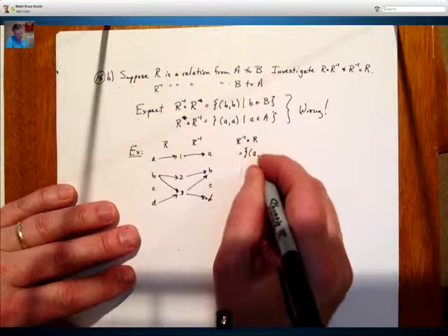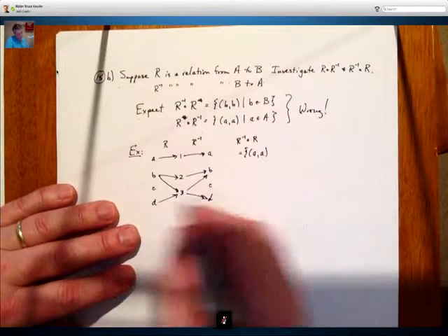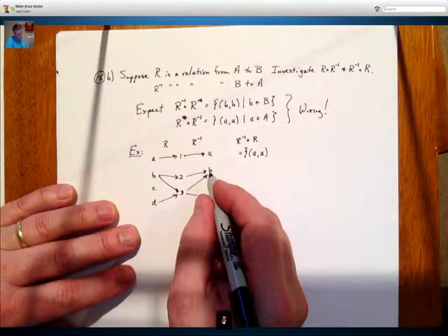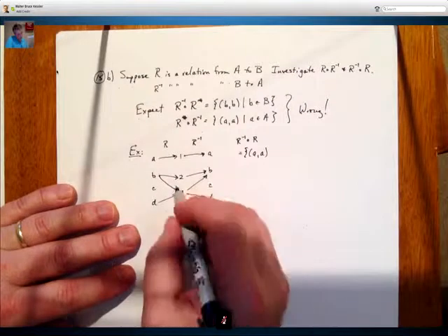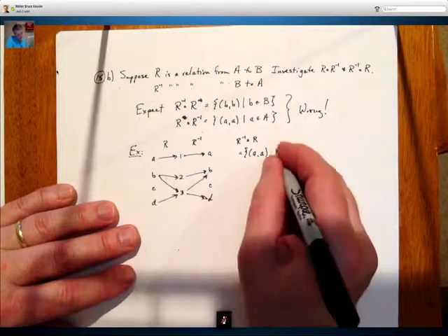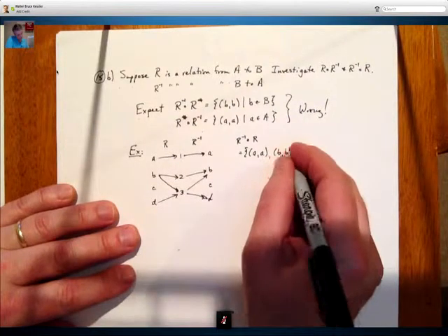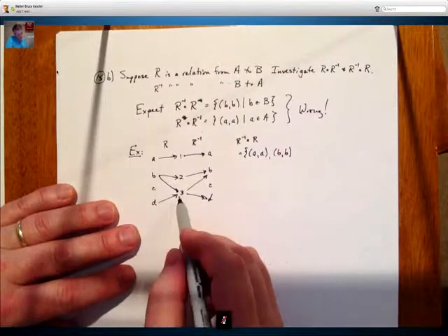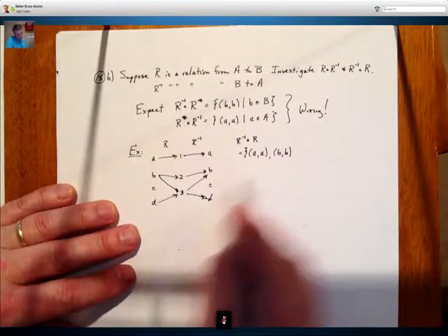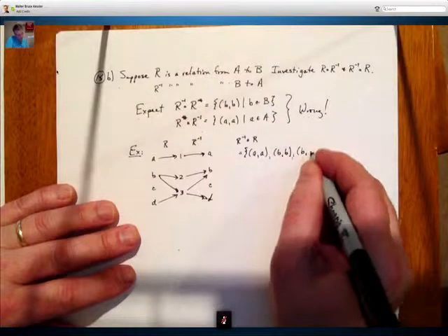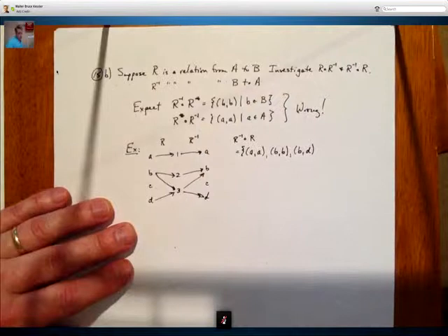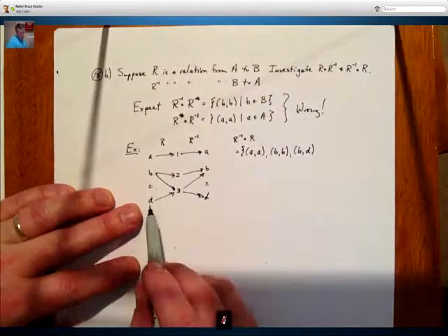Well, I've got A to A. And B goes to B. And B also goes to D. And see, that's not going to be the identity.